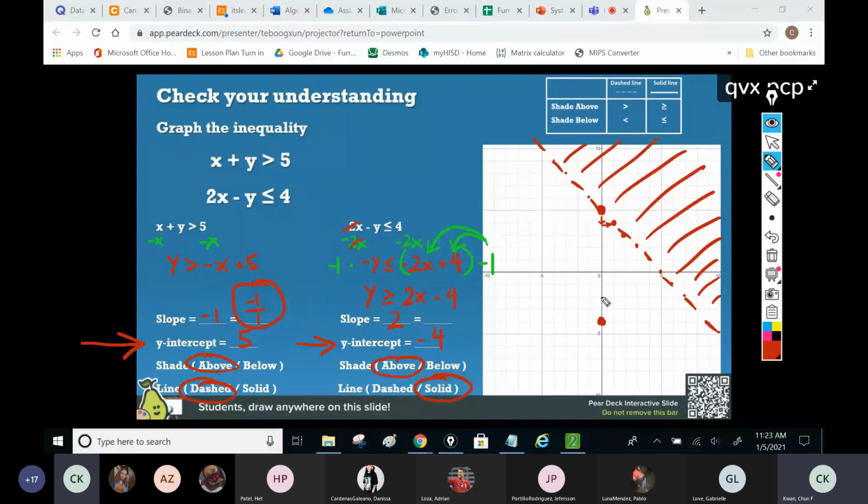So 2 units up, 1 over. 2 units up, 1 unit over. And then it is a solid line. And then this one needs to be shaded above.